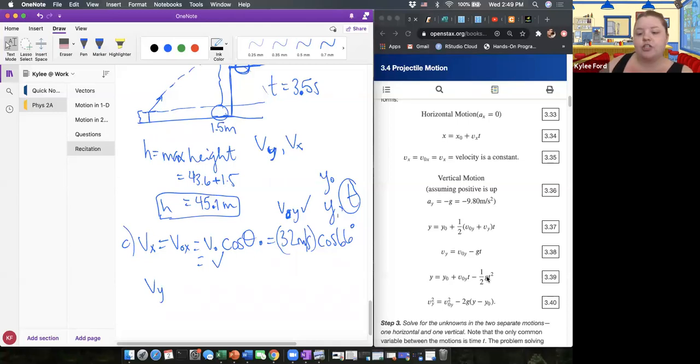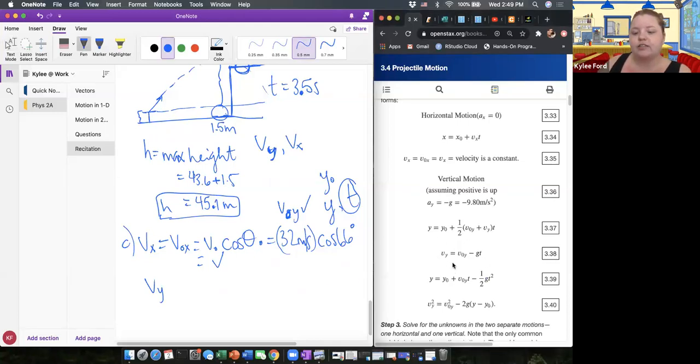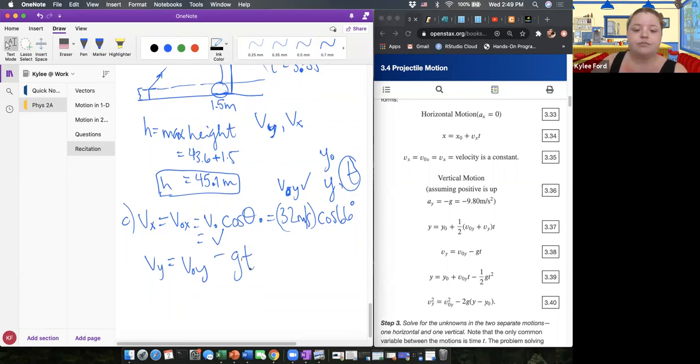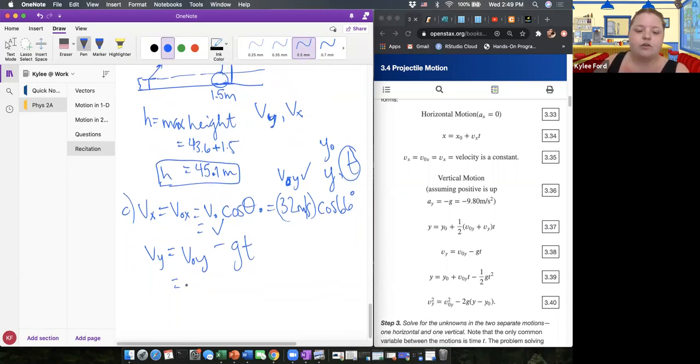So I can actually use this equation here, this one that says Vy equals V naught y minus g times t. So we've got 32 meters per second minus 9.8 meters per, oh, whoops. Hold on, back it up. 32 meters per second, but we need the y component, so that's going to be sine of 66.